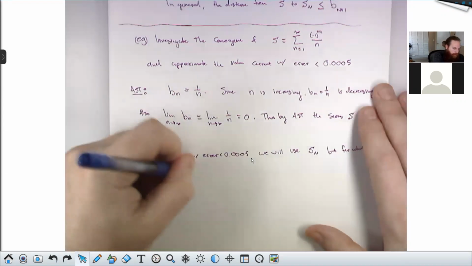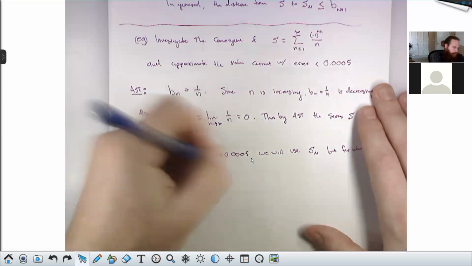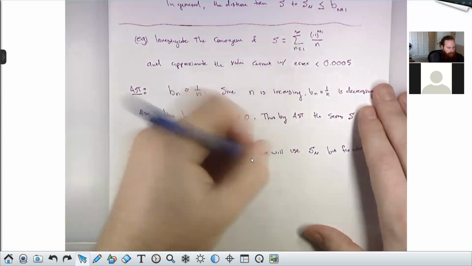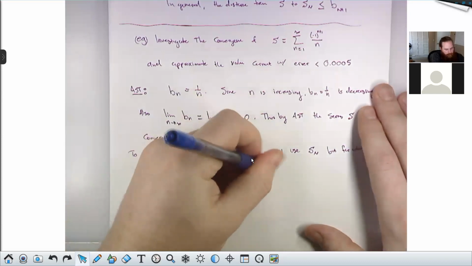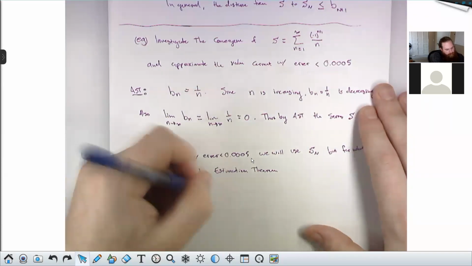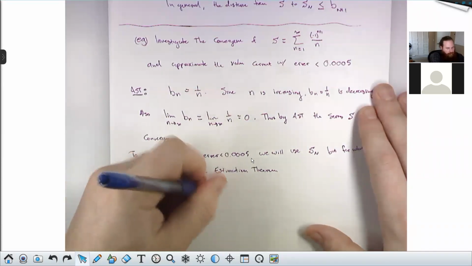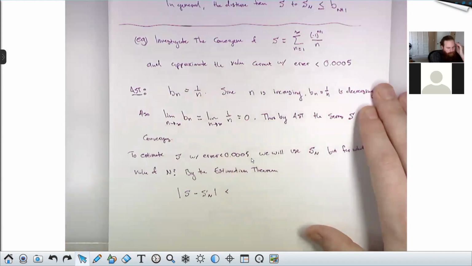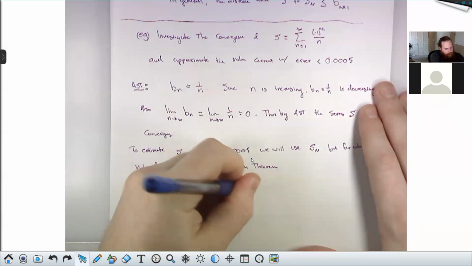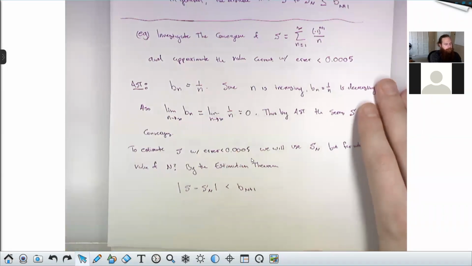By the estimation theorem, the full value of the series minus the nth partial sum has absolute value less than b sub capital N plus 1.